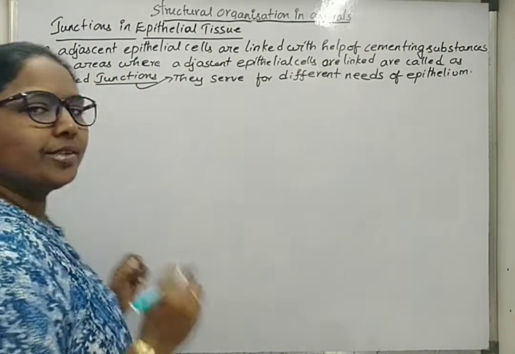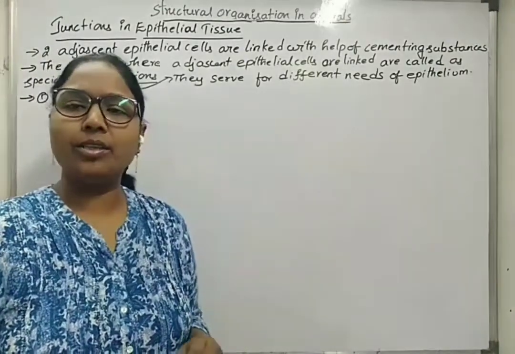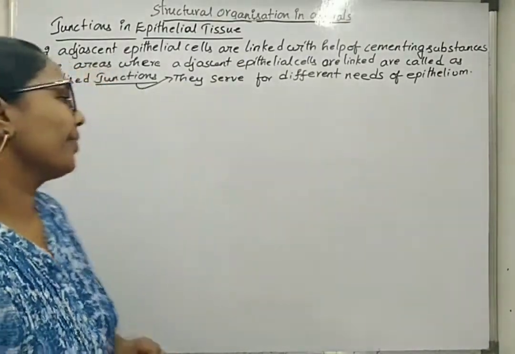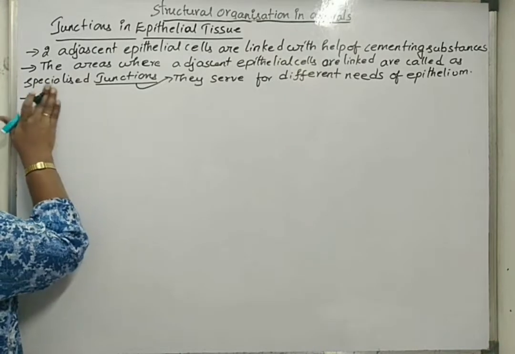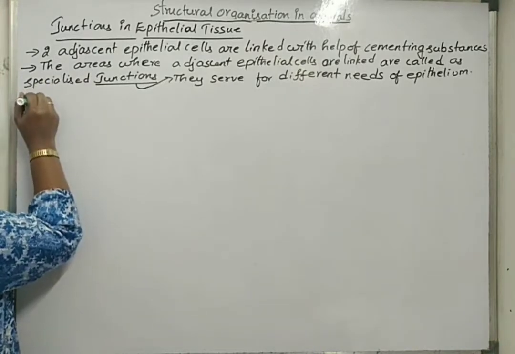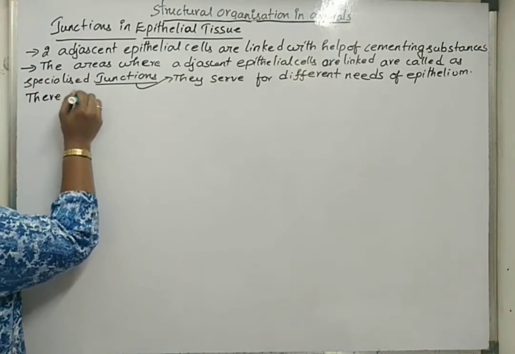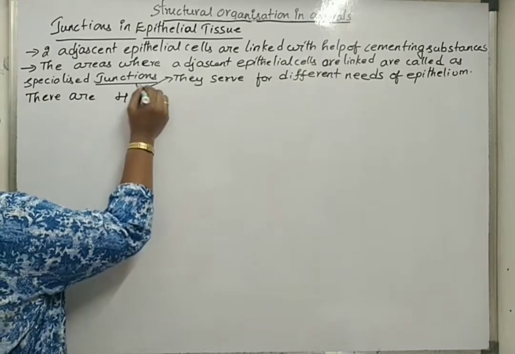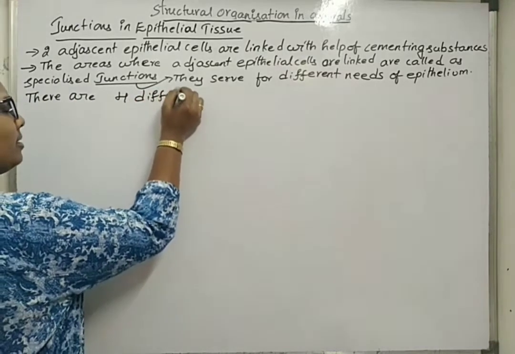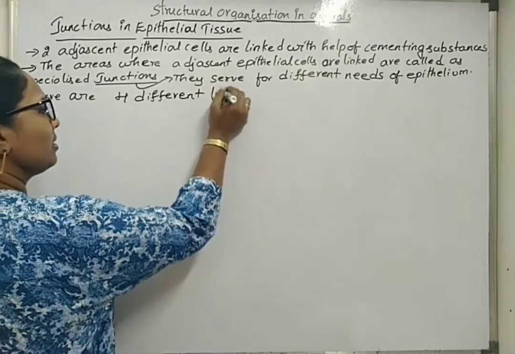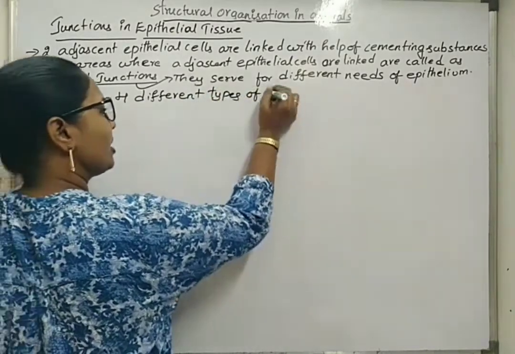So, the first modified junction or the area within epithelium is interdigitation. There are 4 different types of junctions.